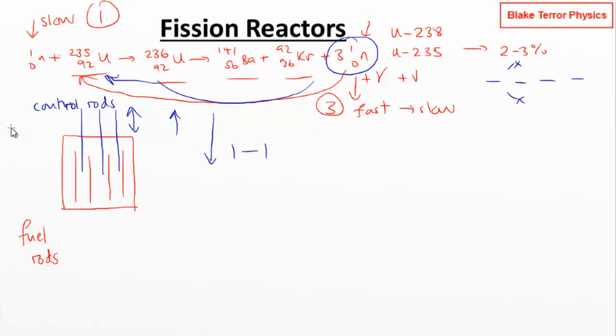So these control rods are made of things like boron and cadmium, which have been shown to be very good at really snaffling up these neutrons.